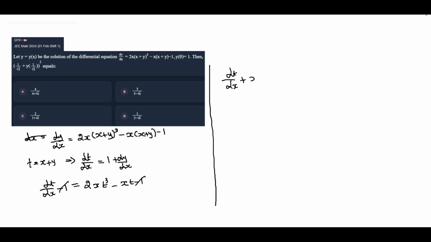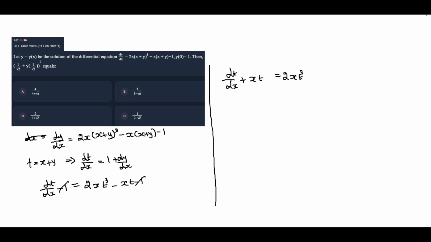Okay, so dt by dx minus 1 is equal to 2x t cube minus xt minus 1. So just cancel minus 1. The remaining terms will be dt by dx plus xt, which is equal to 2x t cube.